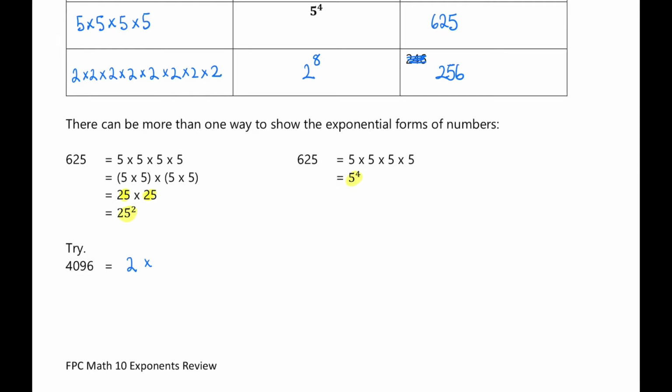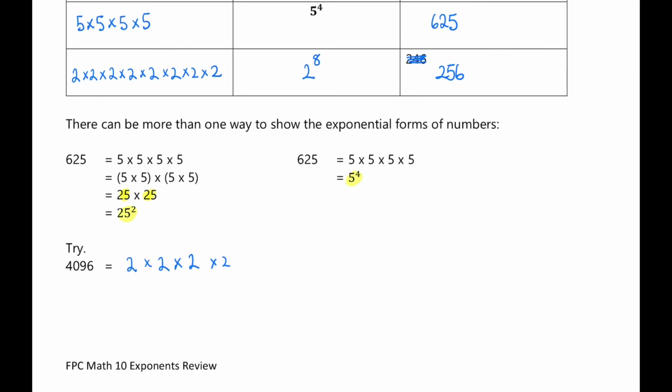So we are with 2,048. You're going to have to divide once more by 2. That's 1,024 divided by 2. That is 512. Let's divide by 2 again.